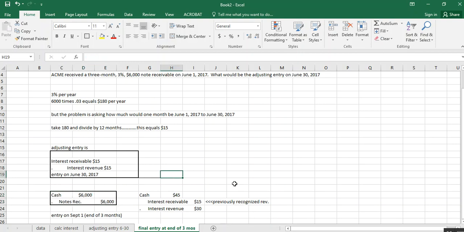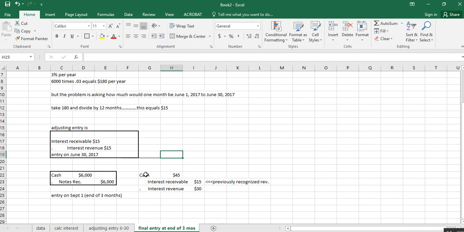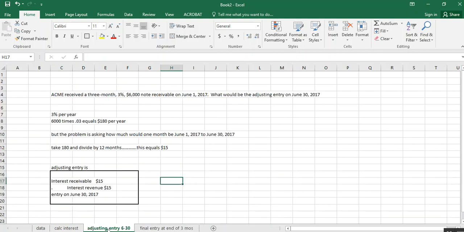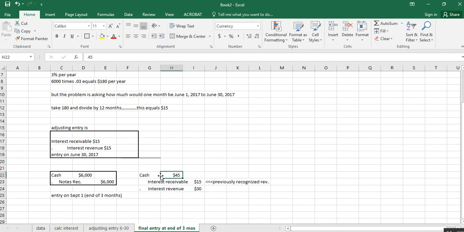And then we have to make another entry to go ahead and clear the interest. Remember, it's $15 per month, and there's a 3-month note, so 15 times 3 is 45. We're going to get $45 of cash. Okay, so this whole transaction, by the way, we're going to get our $6,000 back and $45 of cash.